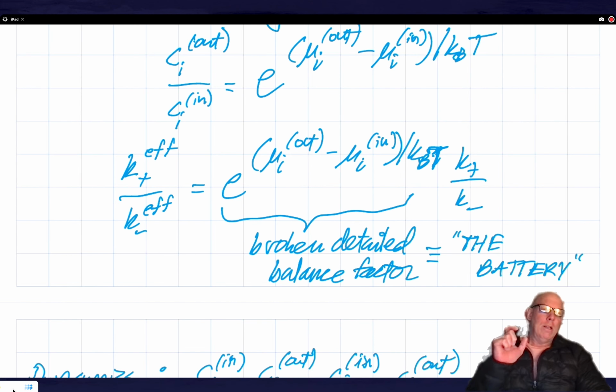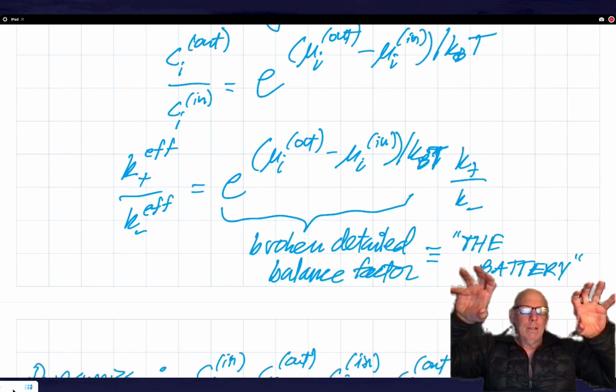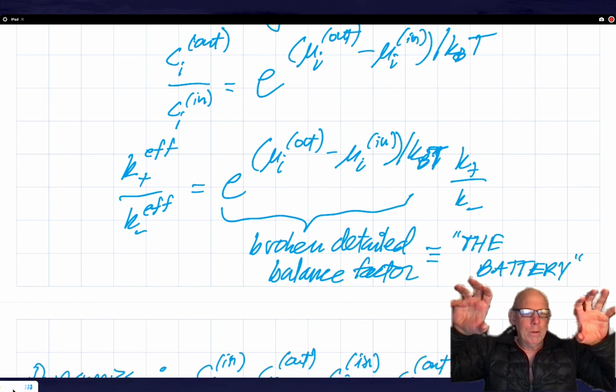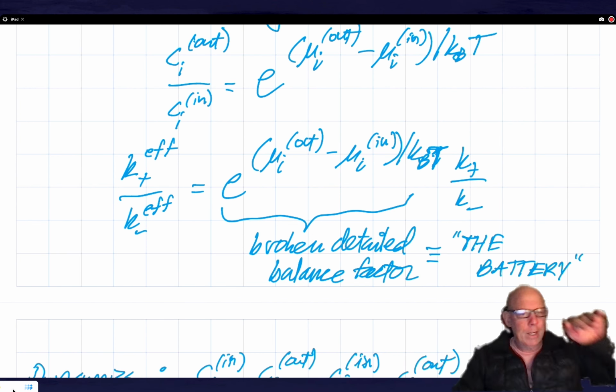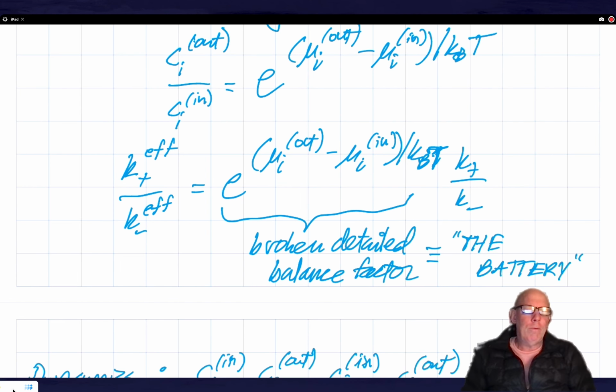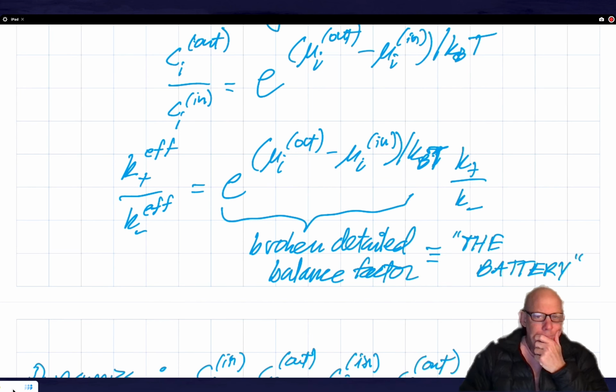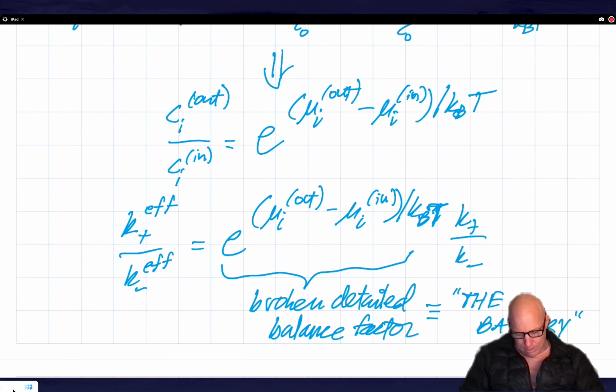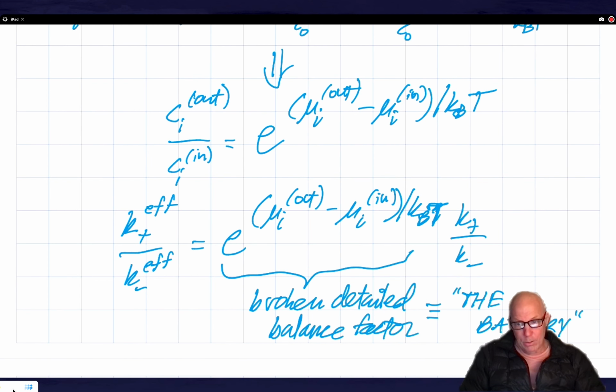So the drive comes from the fact that we're holding the ion concentrations out of equilibrium, and what that does is it alters the rate constants, pushing more towards the flow towards the inside. So that's really what I wanted to say in this brief vignette: to comment on this idea of a dynamical description of the reaction.